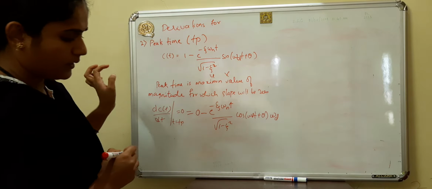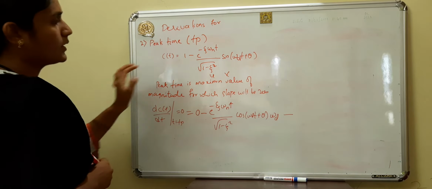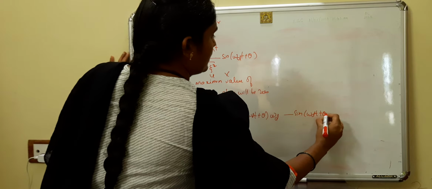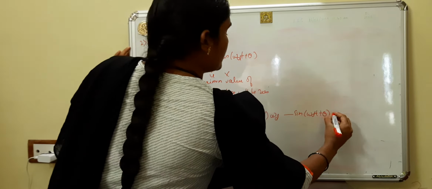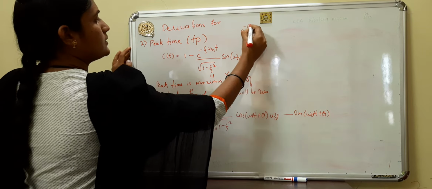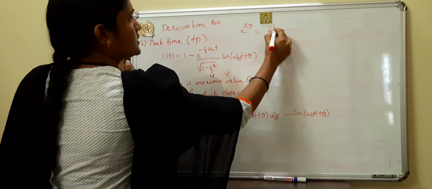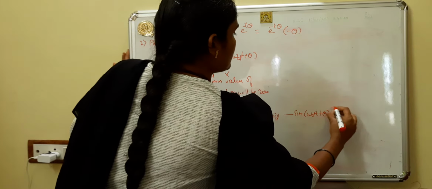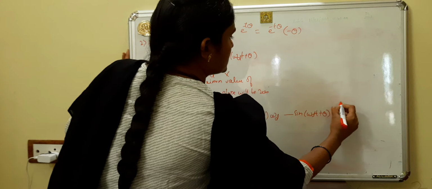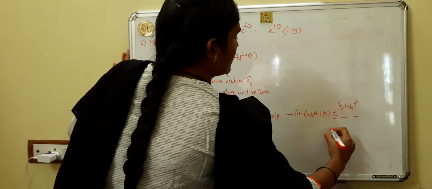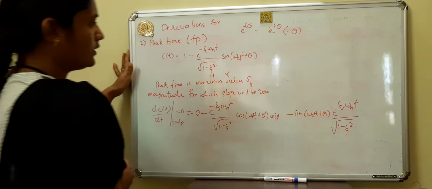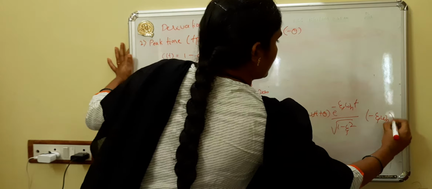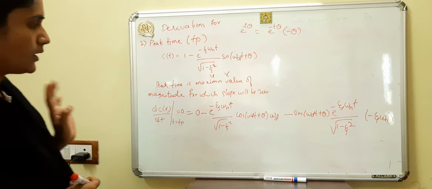Next, minus, we will keep sin of omega d t plus theta constant, and differentiate e raised to minus zeta omega n t, which gives e raised to minus zeta omega n t into minus zeta omega n.